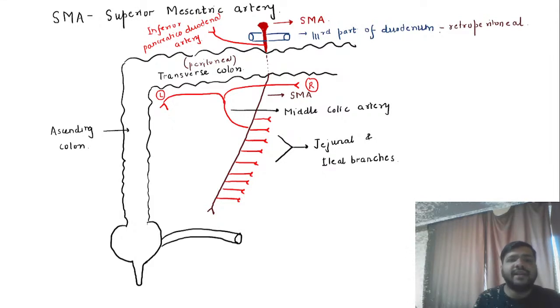Now after dividing, these arteries give numerous direct branches to the transverse colon like this.